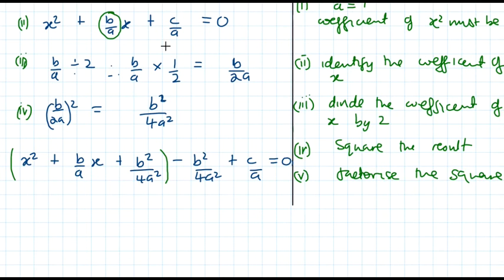We are not concerned much more with c over a because, as I said earlier, based on the assumption this quadratic expression is not perfect, which means c over a, which is a constant, is not helping in factorizing our quadratic equation. So we are not concerned about it that much. So this part is which we have more interest in. Okay, let me now explain these steps.